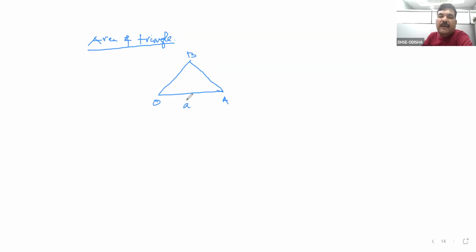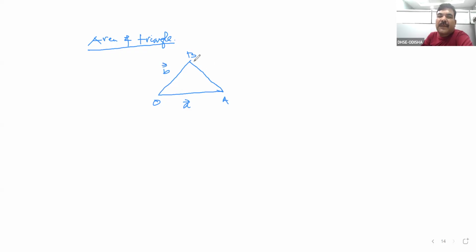Okay, let's now find the area of a triangle. So area of triangle OAB, this is vector A bar, this is vector B bar.